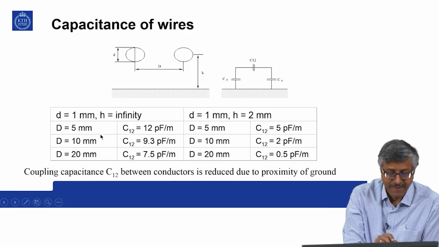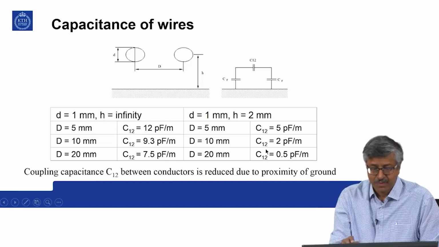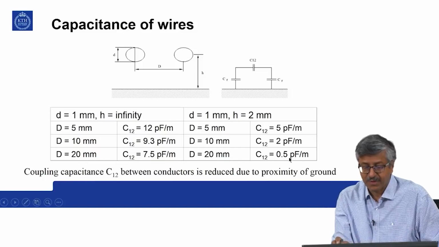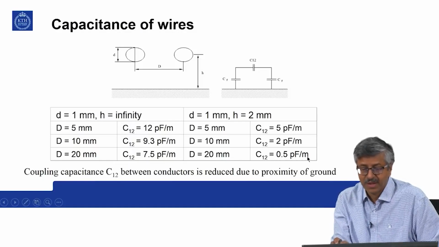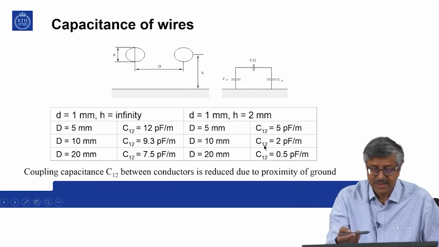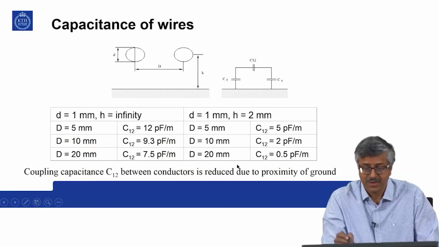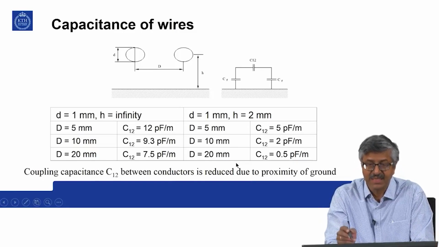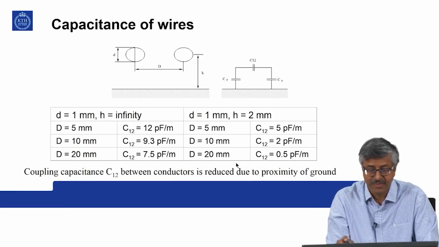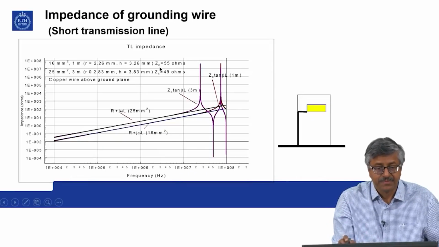And if you increase the distance to 20 millimeter, it goes from 7.5 to 0.5 picofarads per meter. So, you can see that the ground plane has an influence on this mutual capacitance. In general, the ground plane decreases the mutual capacitance between the two conductors. This is called the coupling capacitance.